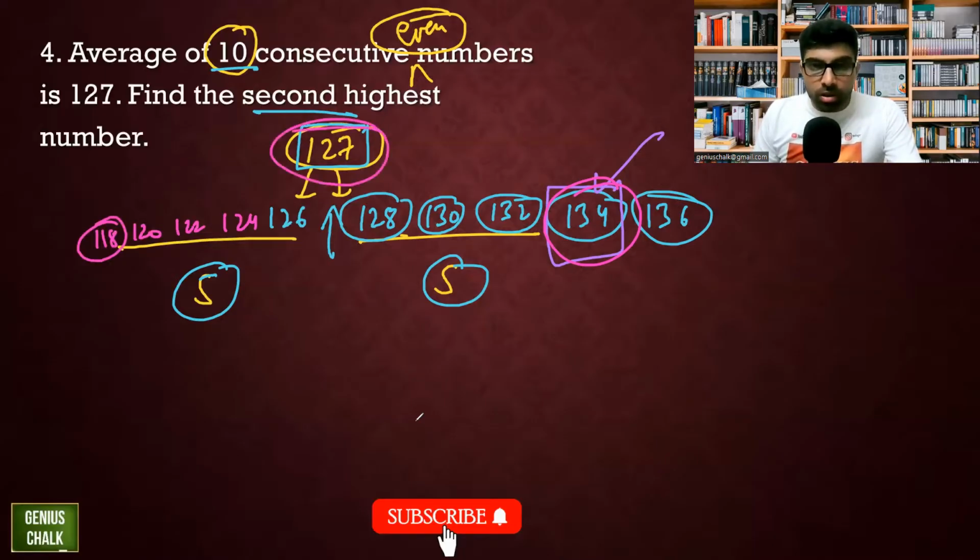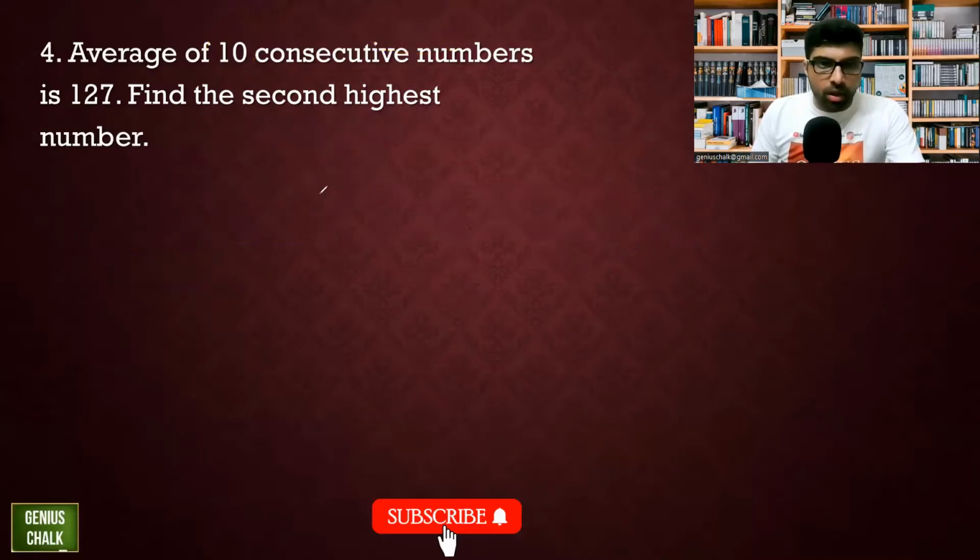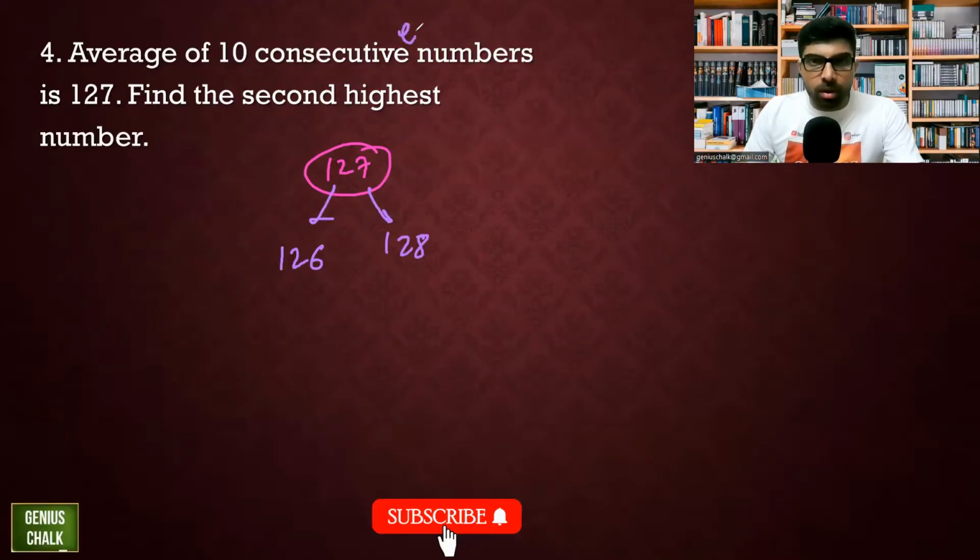Now in this also there is another shortcut you can derive on your own. Now see, you know that 127 is the average of 10 consecutive even numbers, right? And every even number, like what you do, you write like this. Okay, 127 has to be here. Before that it should be 126. After that it should be 128, as we are discussing consecutive even numbers.